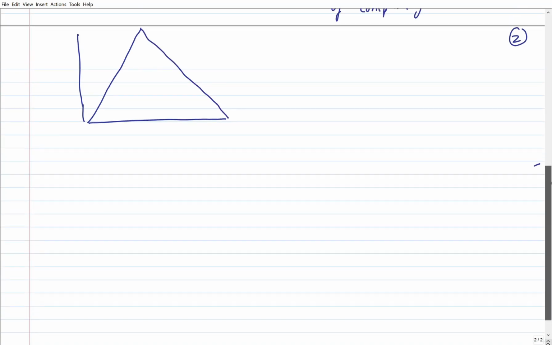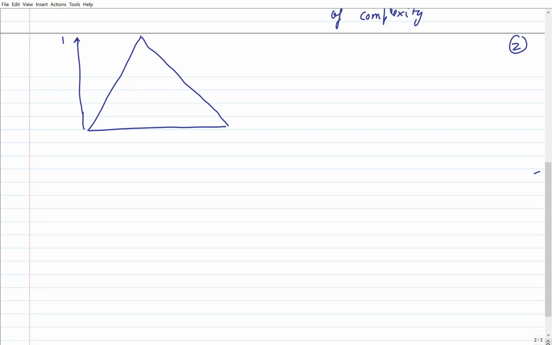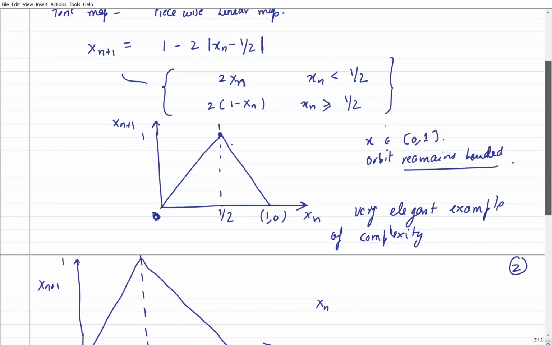So geometrically, what's happening in the tent map? If you look at it, we'll again draw this. This is half, this is 1. So this map, I'll again just import the definition from here.